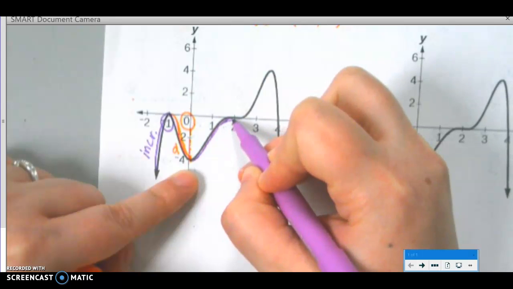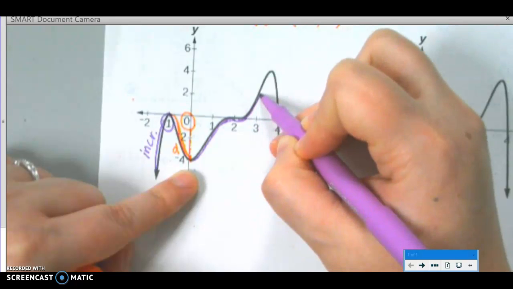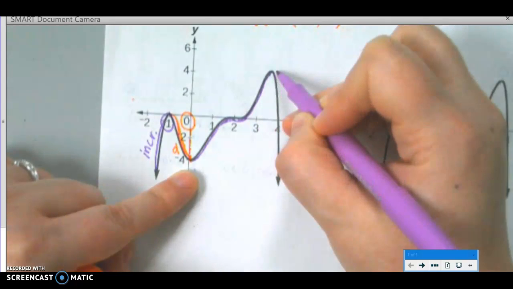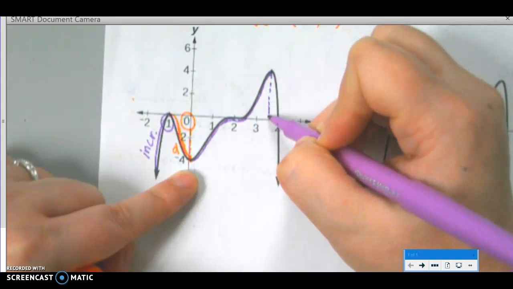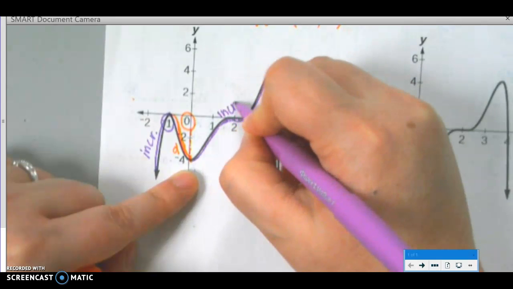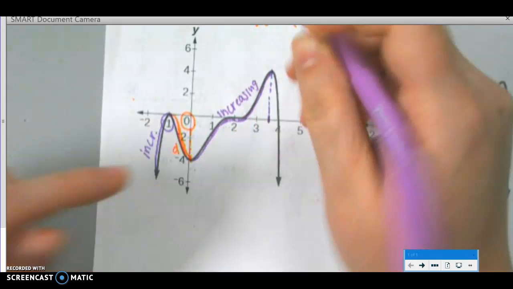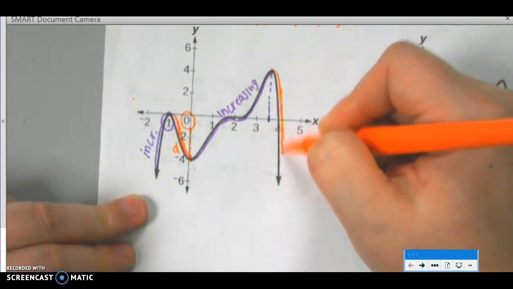I mean, this does get really flat here, but it's not really flat enough to say that it's constant. I'm going to say that's about 3.5. And then decreasing.